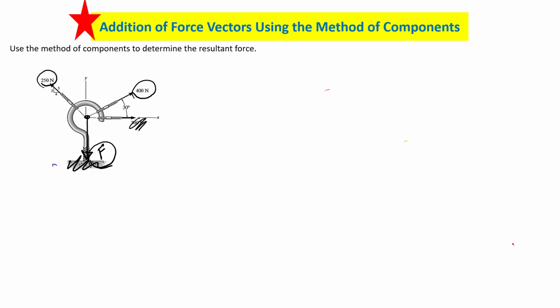So when you draw the three vectors, what should you get? If it is in equilibrium, what is your resultant? If something is in equilibrium, what is the resultant force? Resultant should be zero, isn't it?